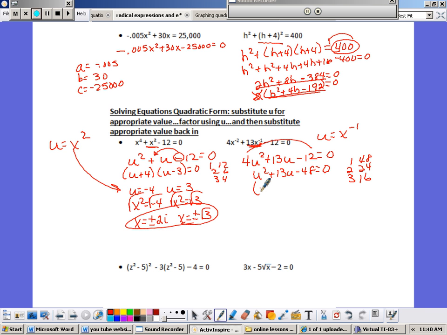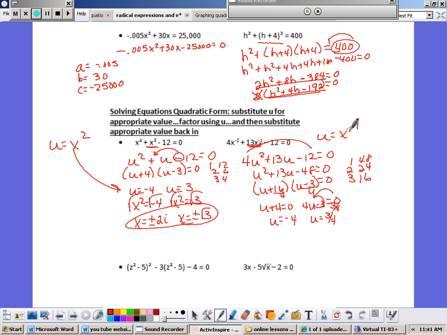Bingo. u plus 16, u minus 3 equals 0. Divide by 4. u plus 4 equals 0. 4u minus 3 equals 0. u is negative 4. u is, bring over the 3, divide by 4, 3/4.